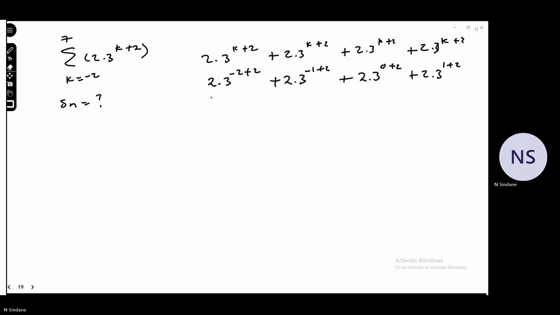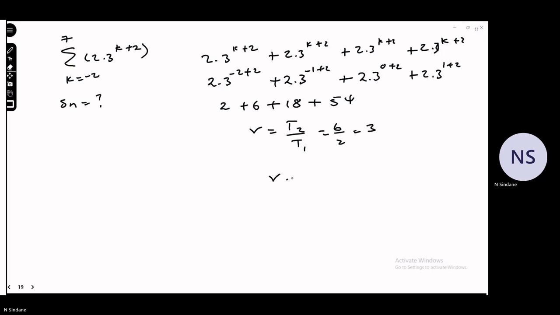Then here, this will be 2 plus 6 plus 18 plus 54. Right? And then I can now calculate the value of r, which is T2 over T1, which is equal to 6 over 2, which is equal to 3.